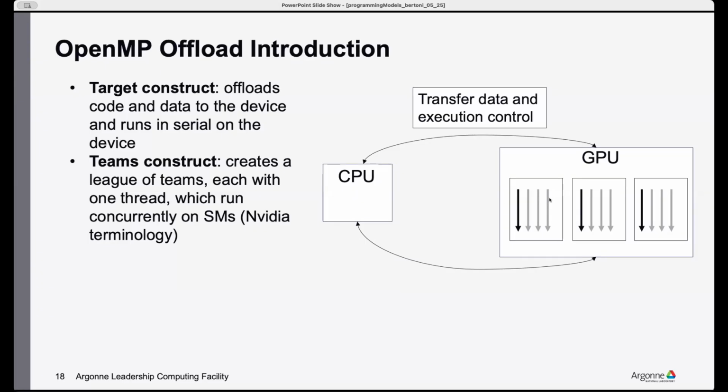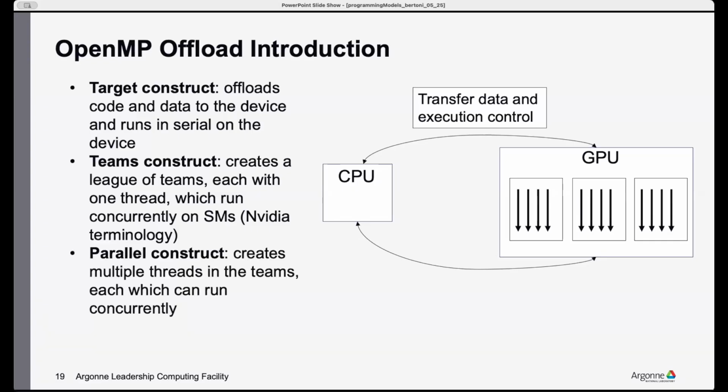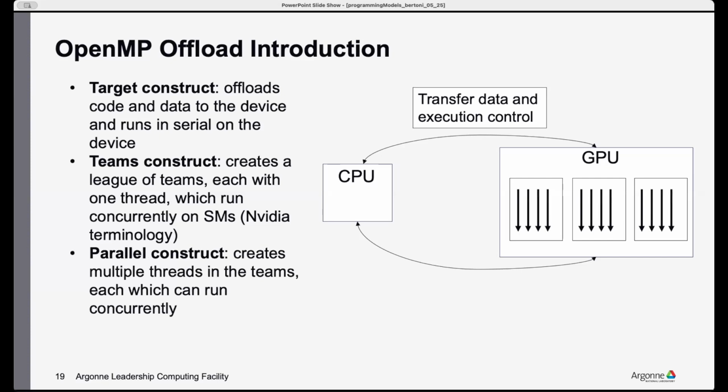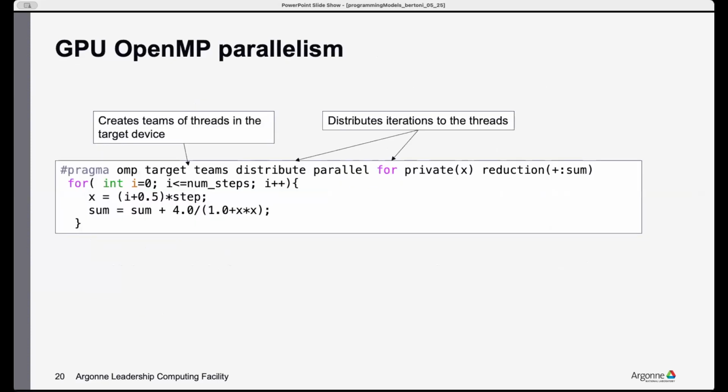Then to add more parallelism and have multiple threads within each block, which can synchronize and have barriers with each other, the parallel construct creates threads within the teams, and those will run concurrently. So you have the coarse-grained and the fine-grained parallelism. If you put that all back together and look at the example, we have target teams parallel, which create the thread teams on the device, and distribute for, which distributes the work.